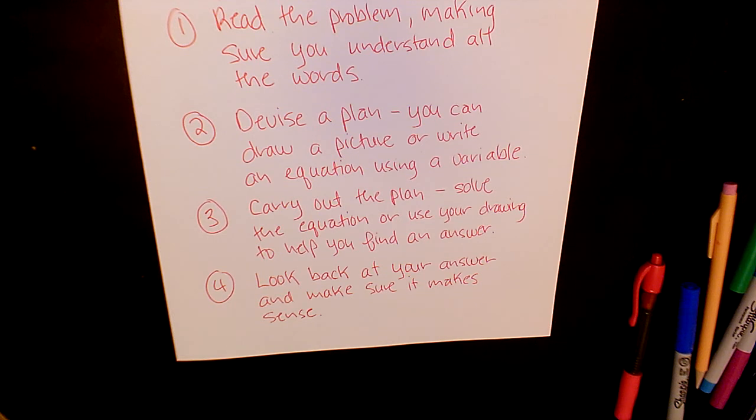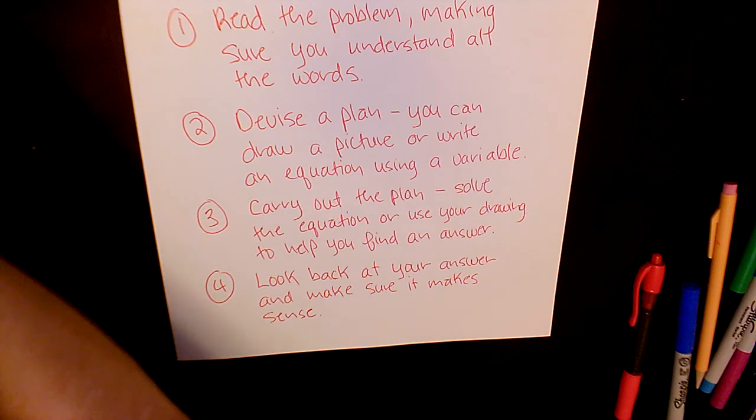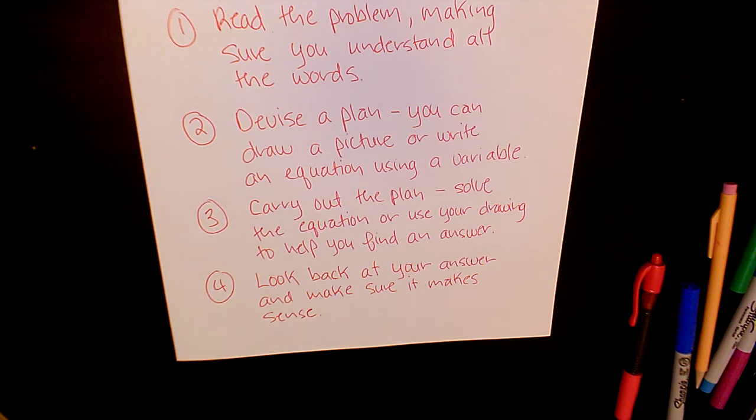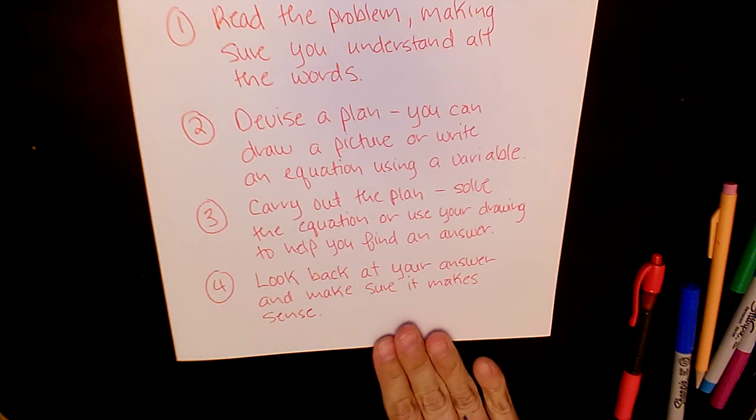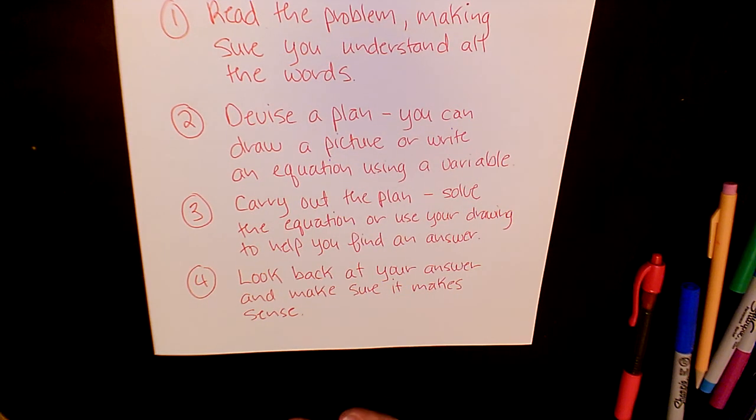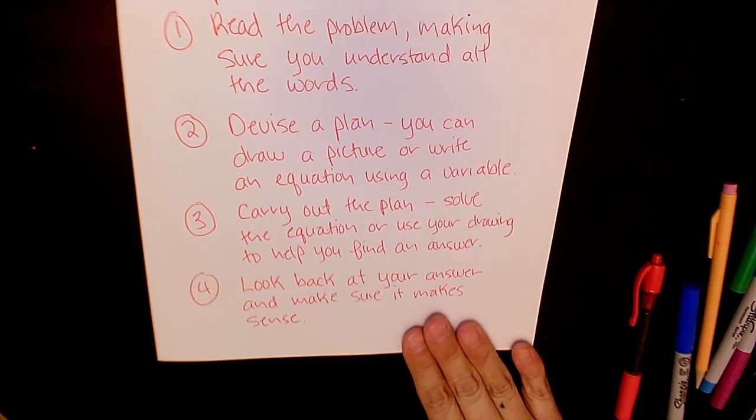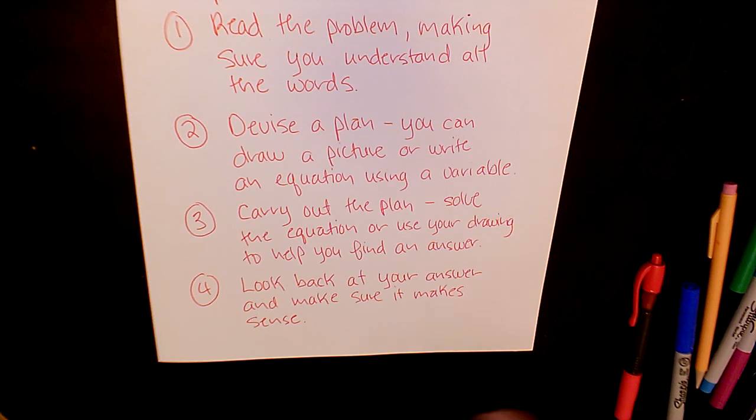You'll need to go back and redo the problem, because you can't have a negative length. So four is just look back at what you did and make sure it makes sense. This is just an outline to make it easier for you to do these word problems, okay?